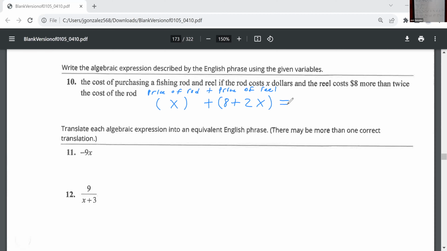How many X's do we have? This would be the equation to find out how much you spent, the total, when you had all that. Did they ask you to do anything else?